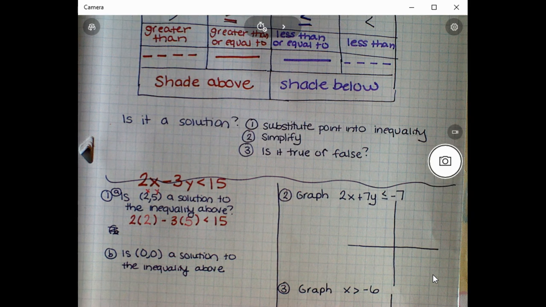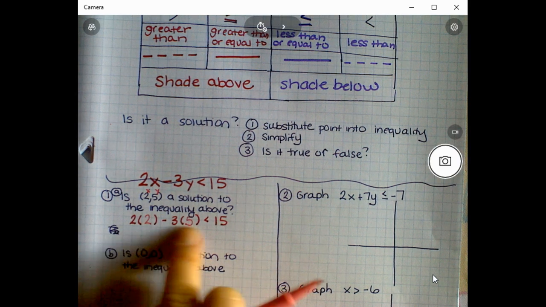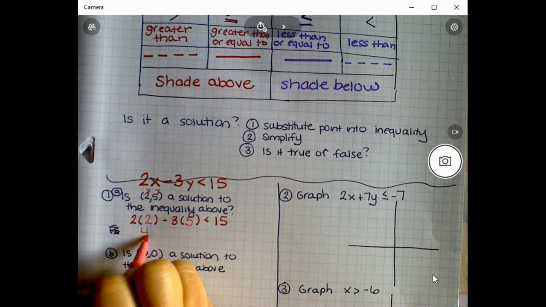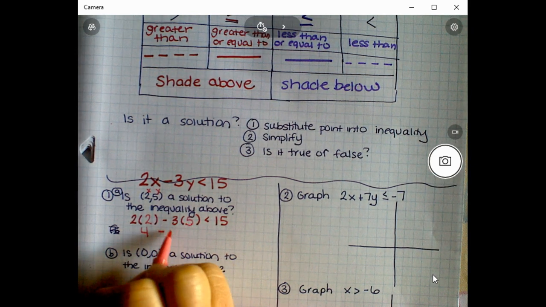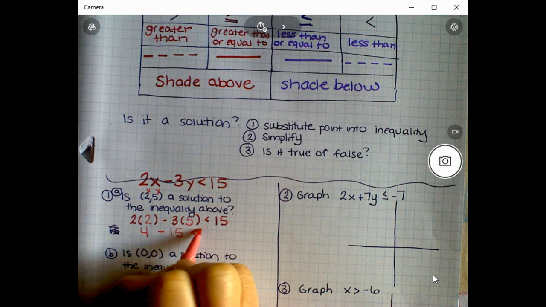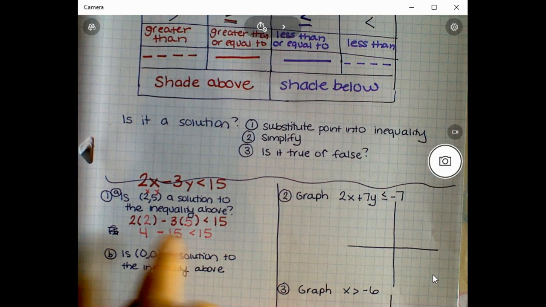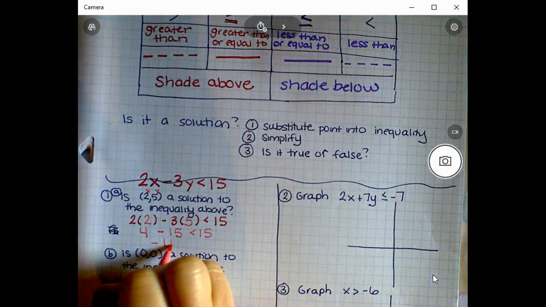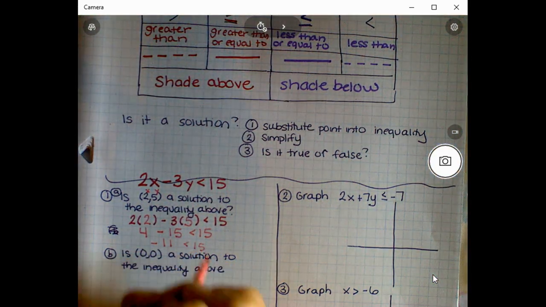And now we simplify. 2 times 2 is 4. 3 times 5 is 15. 4 minus 15 is negative 11, and negative 11 is less than 15.